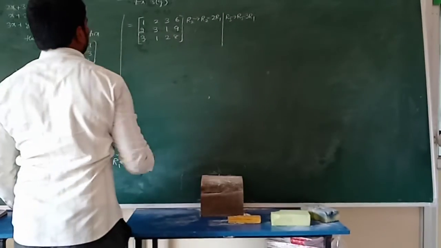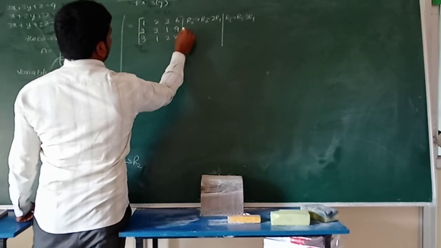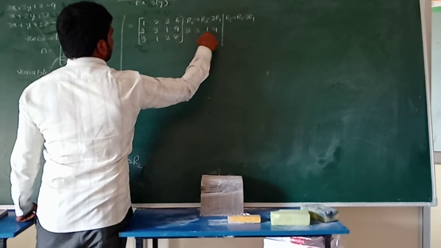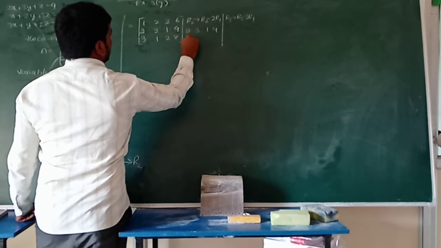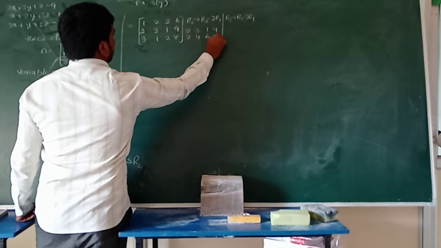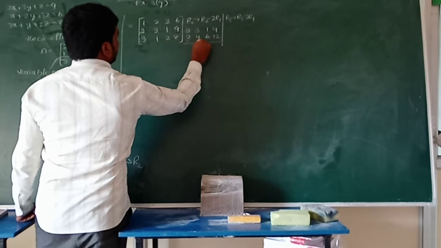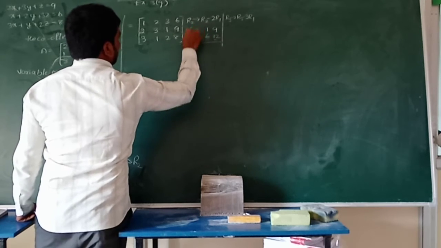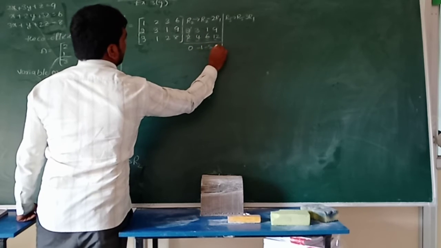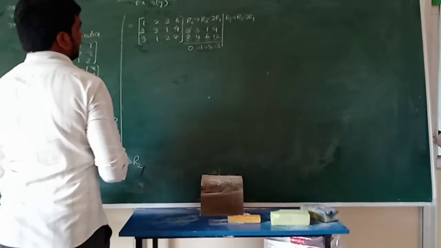Now this is R2: 2 3 1 9. 2 1s are 2, 2 2s are 4, 2 3s are 6, 2 6s are 12. Subtracting, we get 0, minus 1, minus 5, minus 3. This is R2.